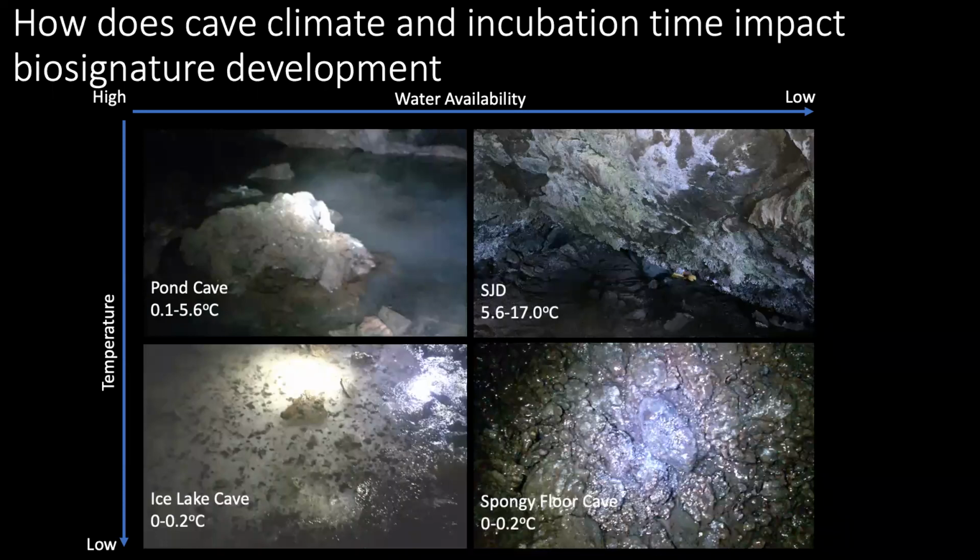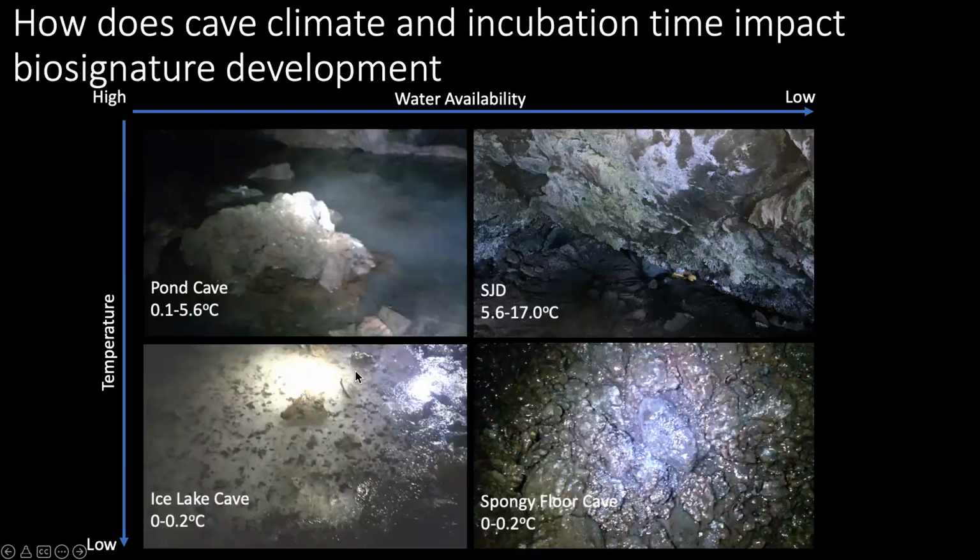And so we looked at 4 caves, and we were looking at how water availability affects things. So from a lot of water, in this case, Pond Cave has ice in the winter and a pond in the summertime that's quite active.